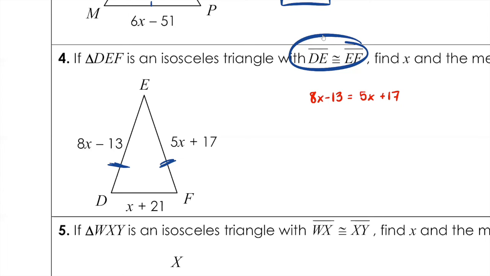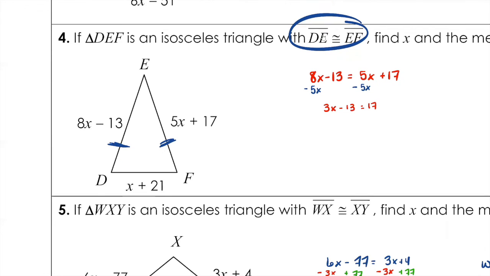All right, so we're going to subtract 5x from both sides. You want to get your x by themselves. 3x minus 13 equals 17. What are we doing next?